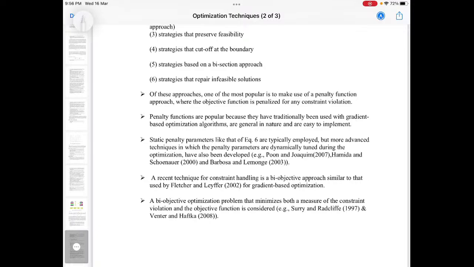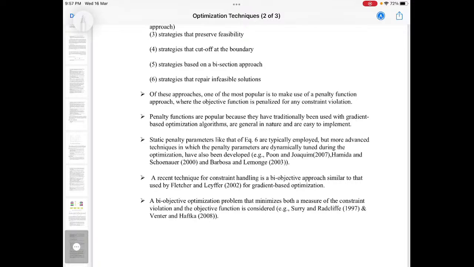A recent technique for constraint handling is a bi-objective approach similar to that used by Fletcher and Leyffer 2002 for gradient-based optimization. A bi-objective method, so there are actually two techniques we discussed earlier. One is the one-dimensional approach, and the second one is the bi-objective optimization, which is using more than one dimension.